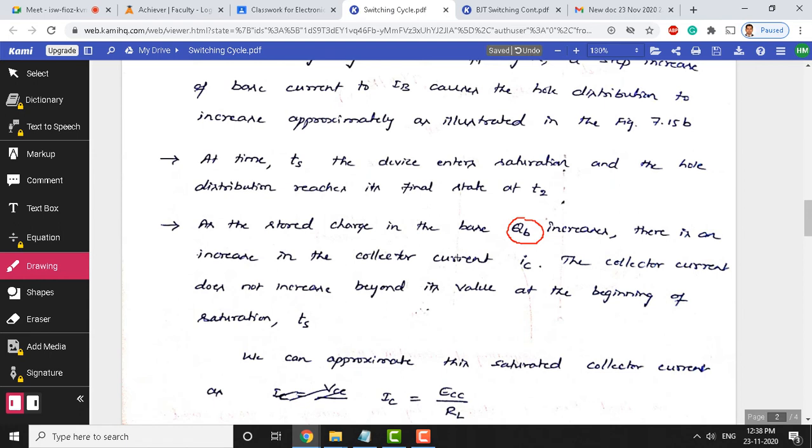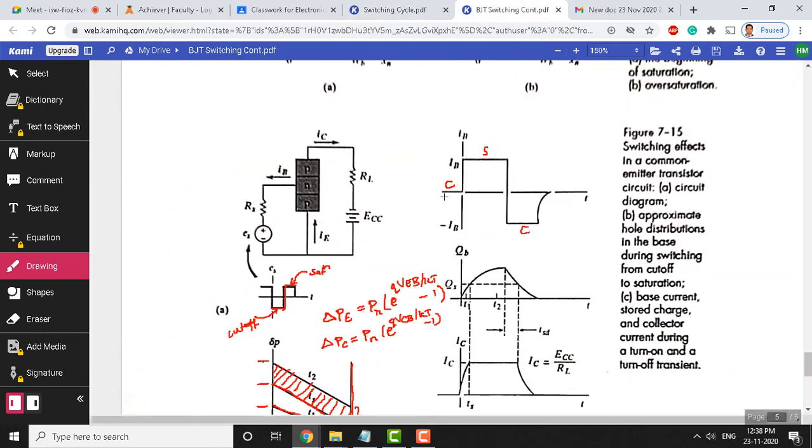There is an increase in the collector current I C. The collector current does not increase beyond its value at the beginning of the T S. So, we have shown this when we move the base current from the cutoff region to the saturation region, that means from zero or a negative value to a positive value of base current.